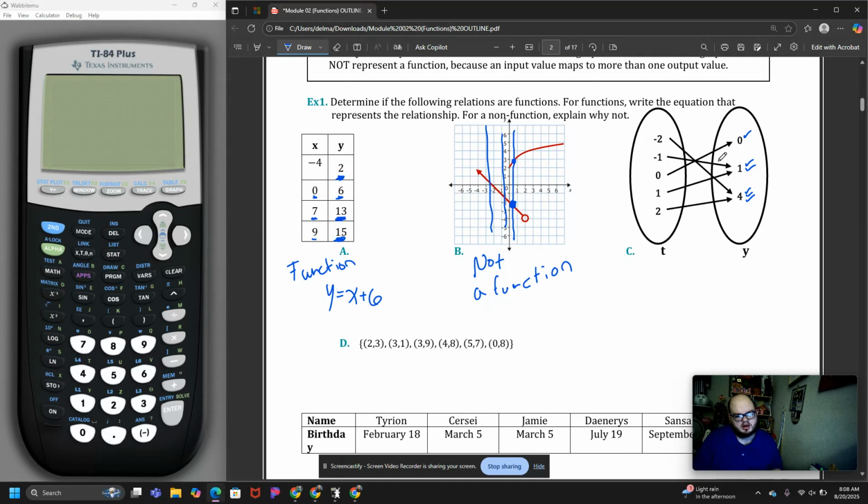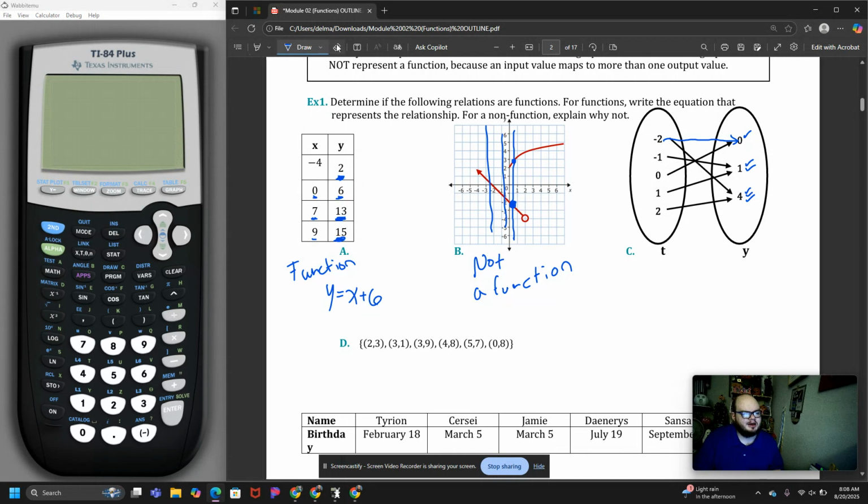Okay, does that make sense? So I don't have -2 mapping itself to 2 and 0 both. -2 is only sending itself to 4, 2 is only sending itself to 4, 1's only sending itself to 1, -1's only sending itself to 1, 0's only sending itself to 0. These values can only go to one y.